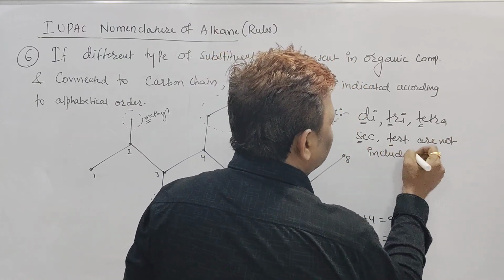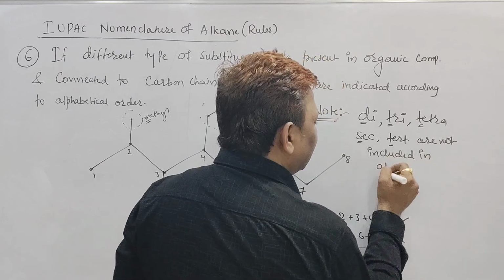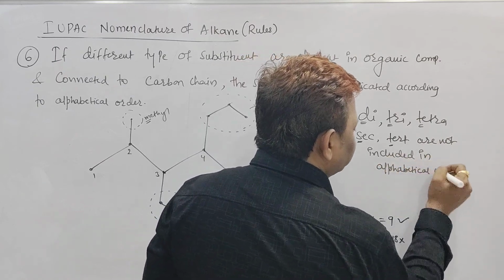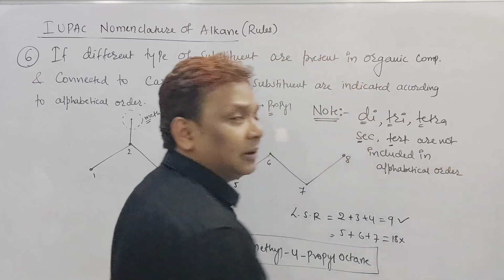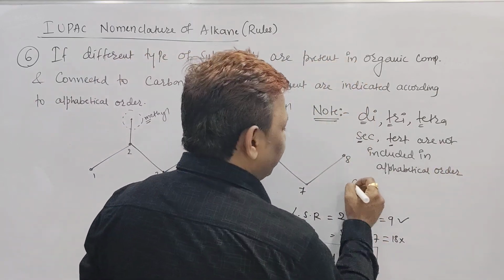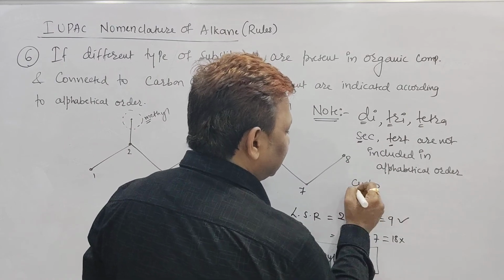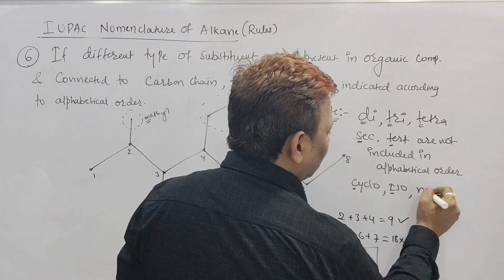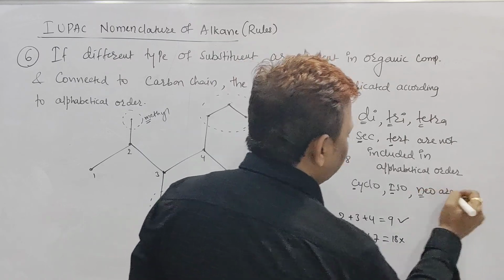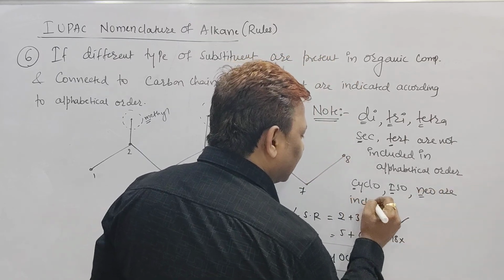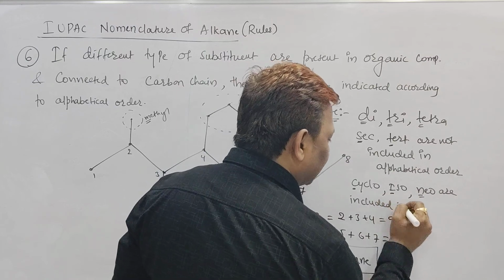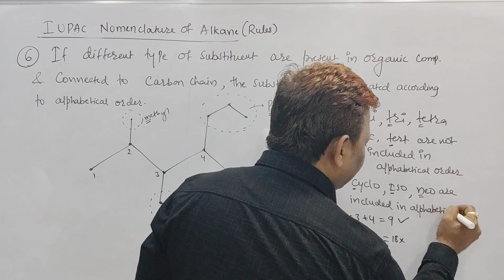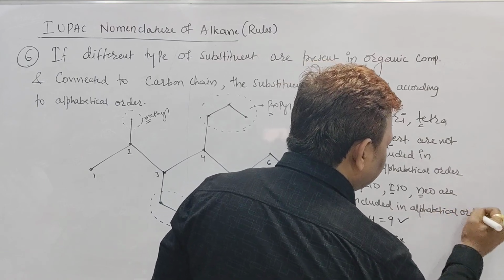Sir, they are not included in alphabetical order. That means which one will be included in alphabetical order, sir? Yes. But cyclo, C, iso, I, and neo, N, these are included in alphabetical order.